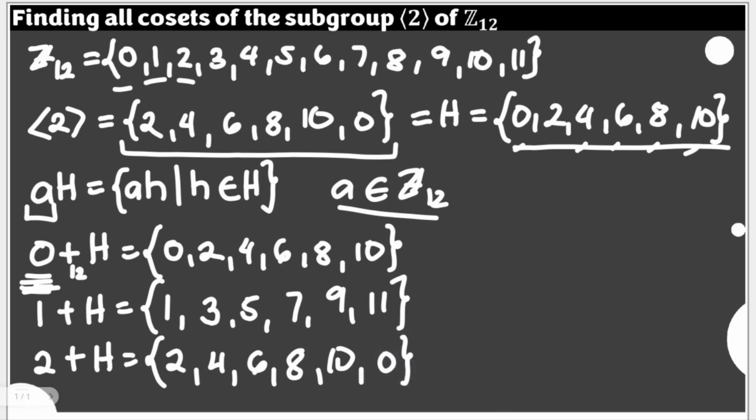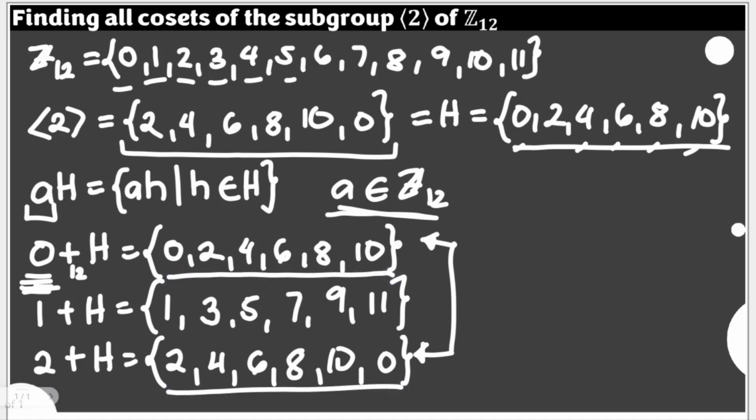Before we continue to the next elements, we can see that this left coset has the same result as the first one. Cosets must be unique in nature. This means that if we use a, elements of Z12, being 0 and 2, we have the same result because we could simply rearrange the elements, as they are under the same set.